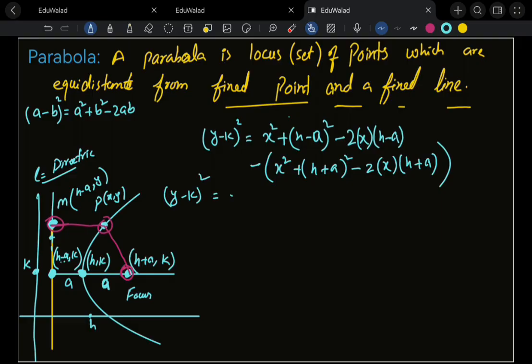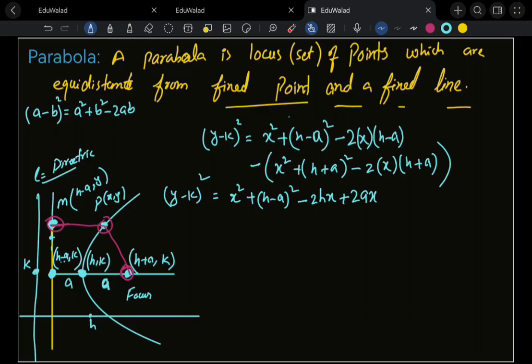So x squared plus h minus a whole squared minus, when you multiply 2x with h minus a, negative multiplied by positive is negative. So 2hx, and when this negative sign multiplies with the negative sign, this becomes positive 2ax.